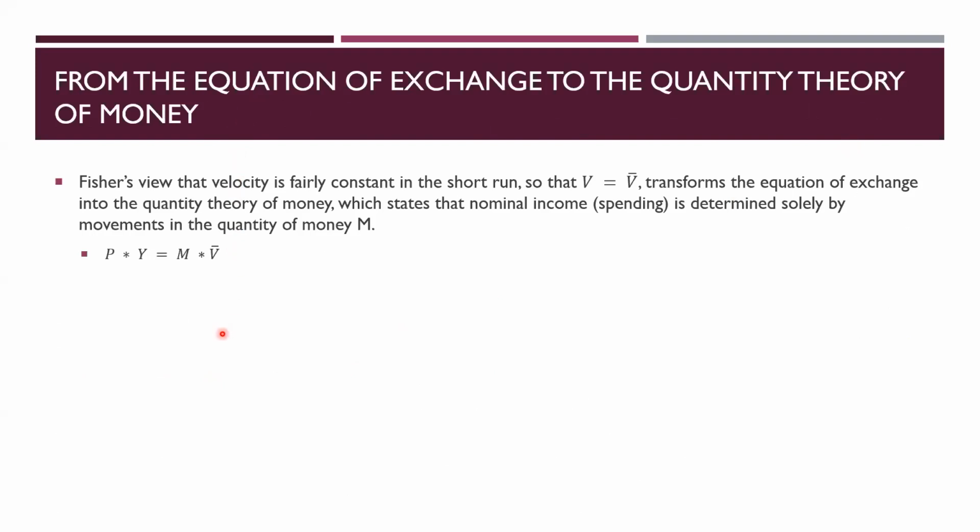We are going to see how we get there. But Fisher's view is that velocity is fairly constant in the short run, such that V is equal to V bar.